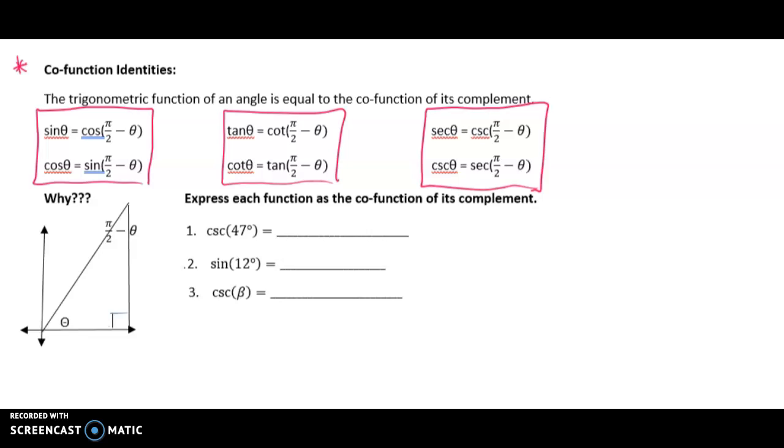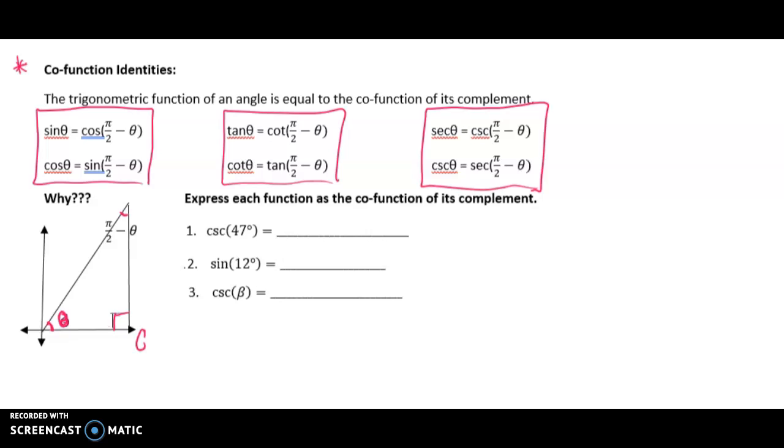Let's consider an angle theta. If this angle is theta, and all three angles have to add up to 180 degrees, and this angle, let's call it angle C, is 90, then the two acute angles have to add up to 90 because angle C is 90.